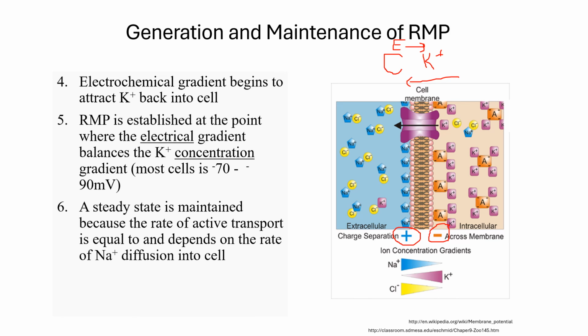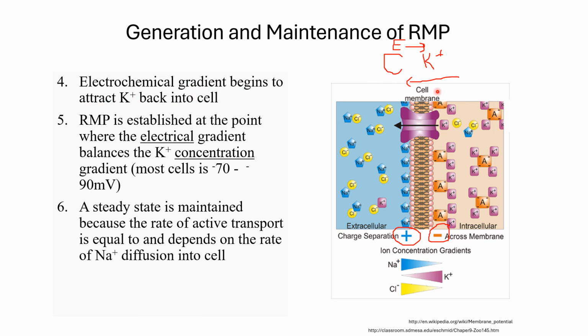So now we have this push and pull, if you will. We have a chemical gradient that wants to make potassium go this way. We have an electrical gradient that wants to make potassium go that way. So this first point, number 4, we have the electrical chemical gradient pulling the potassium back inside the cell.